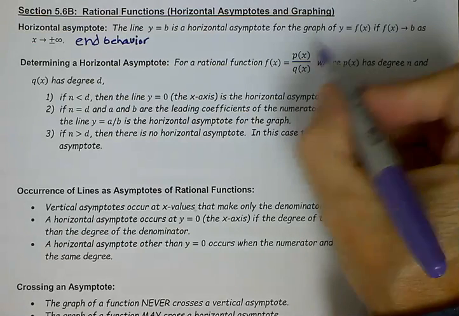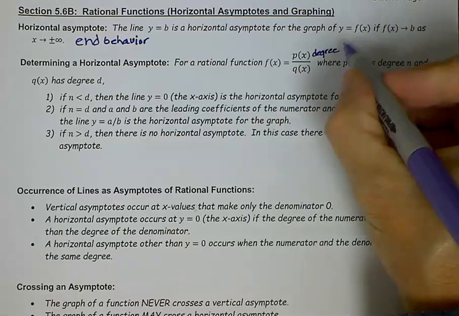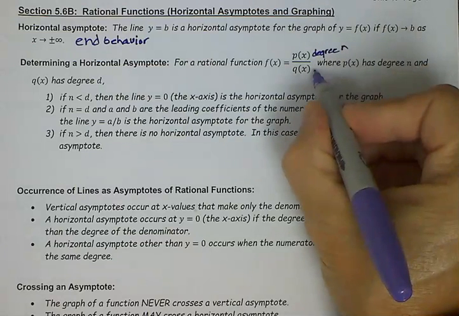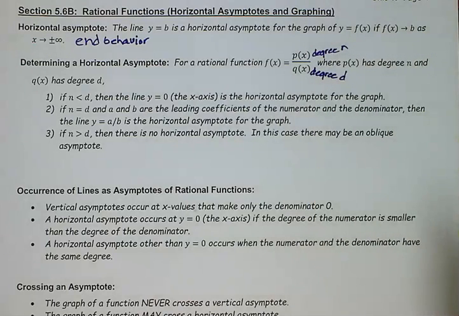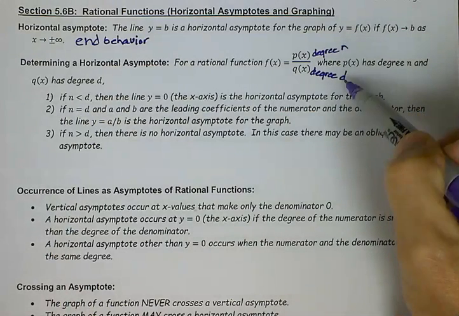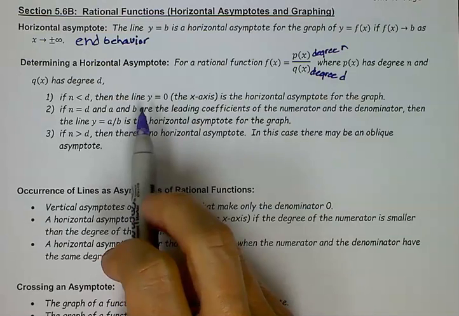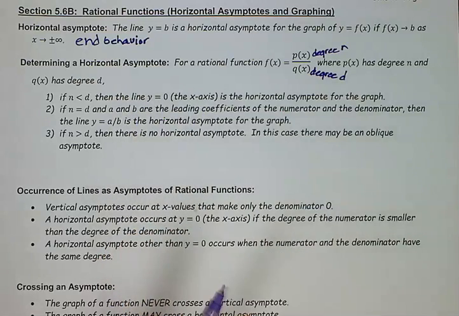So if we call the degree of the function on the top n, and the degree of the polynomial on the bottom d, then we can compare those two. If n is less than d, if the degree on the top is less than the degree on the bottom, then we automatically have y equals 0, which is the x-axis, as a horizontal asymptote for our graph.